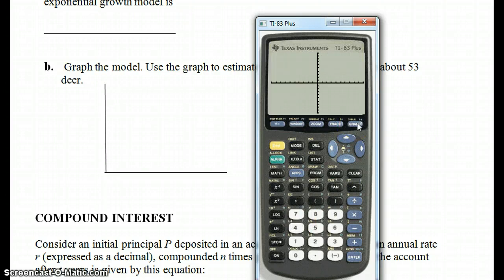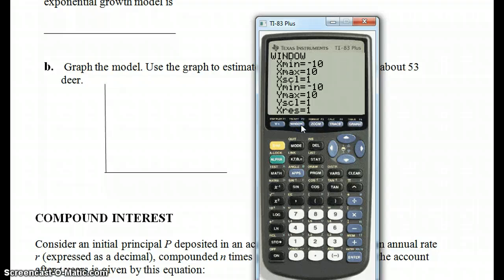If we graph this, we might be surprised that we won't see anything. So remember, we have to change the window. And the window, if we're talking about time, the window here should probably be 0 to 12 or 15 years. If we started with 38 buffalo, a good window here might be 0 to 100.